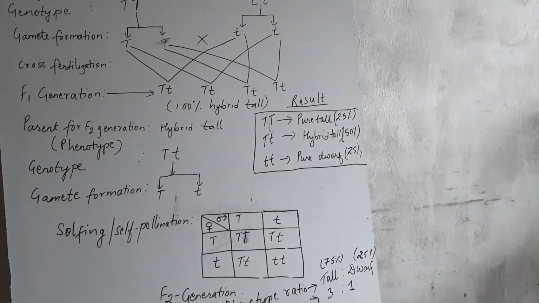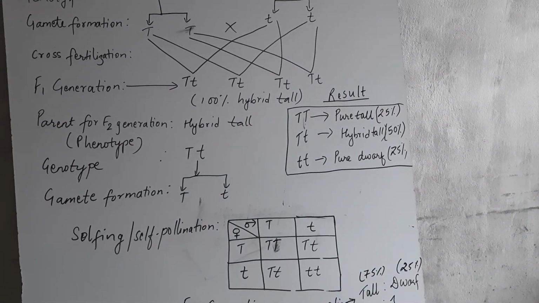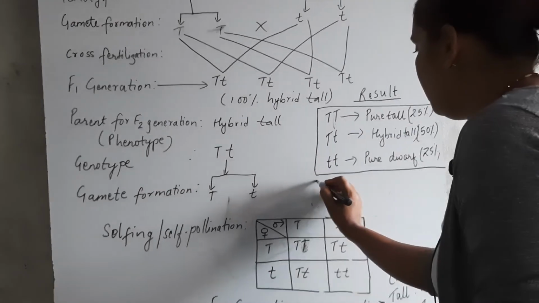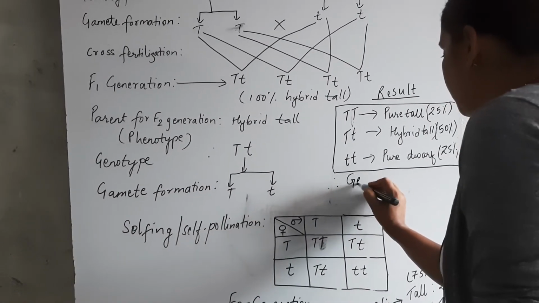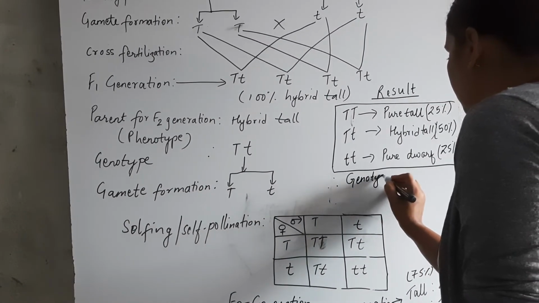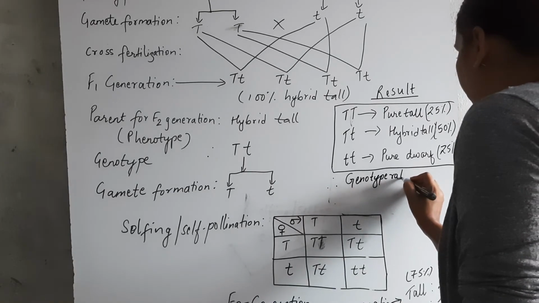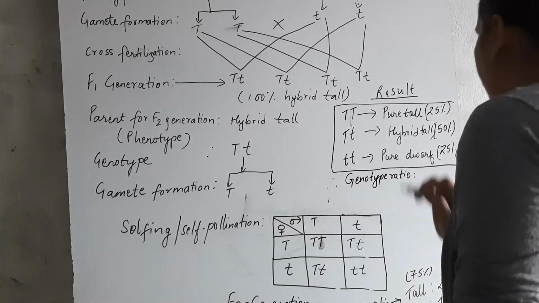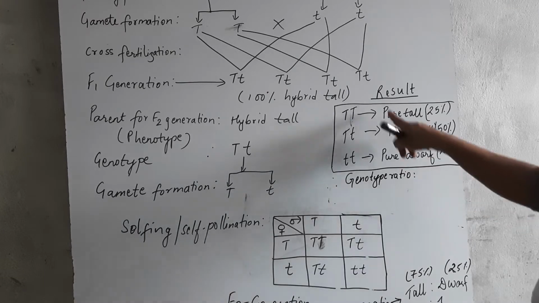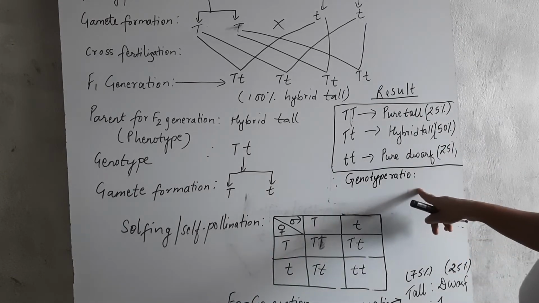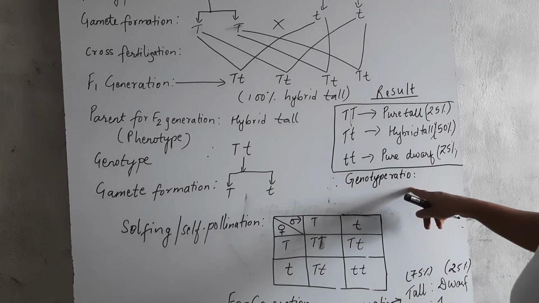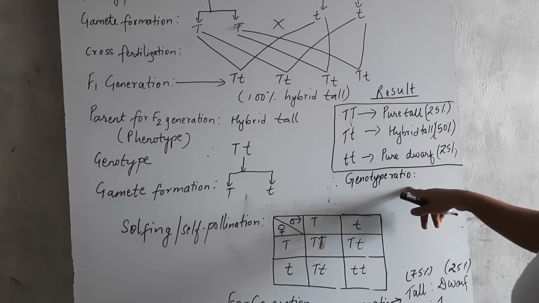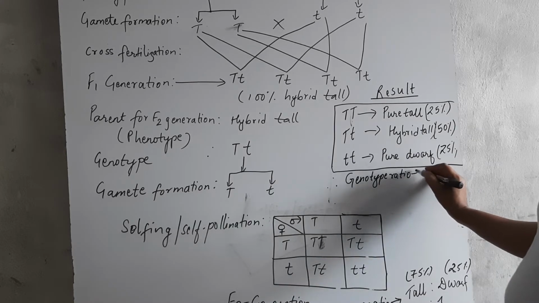And next is the genotypic ratio. Let's see here. While finding the genotype ratio, we will observe the gene.